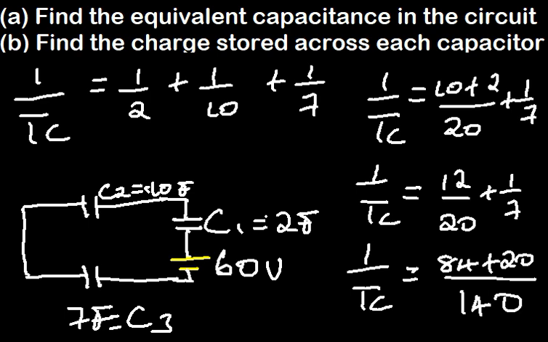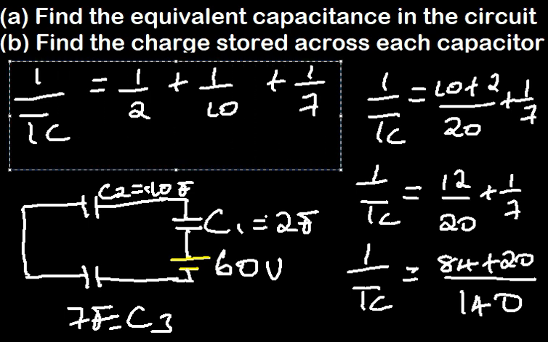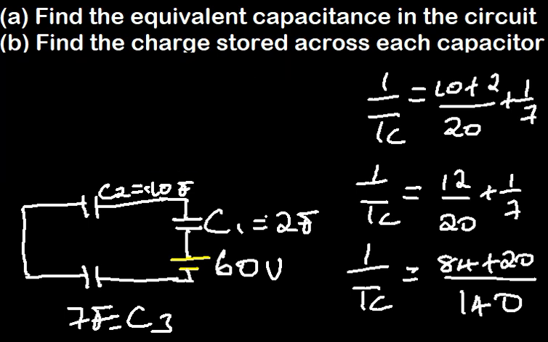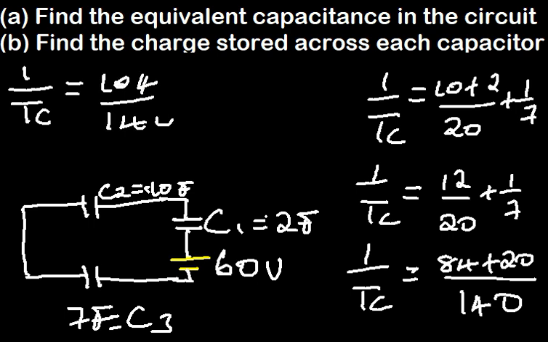The butterfly method is one of the best ways to add or subtract fractions. So we have 104 divided by 140.